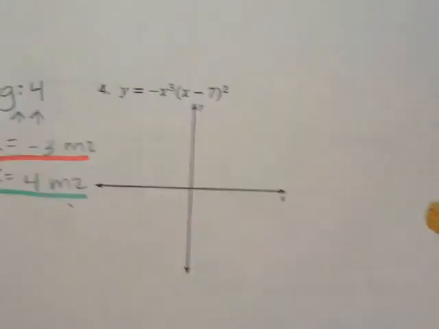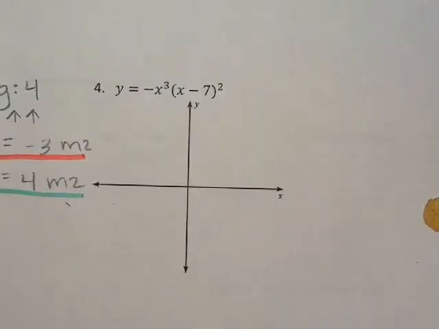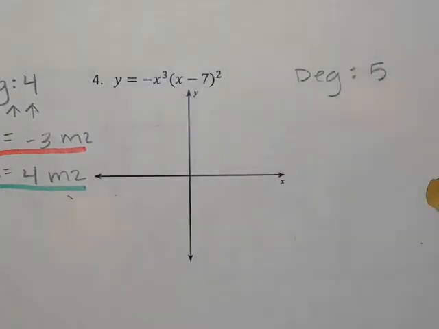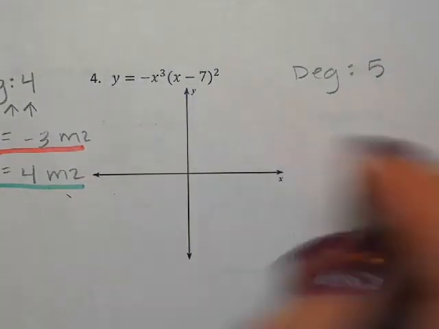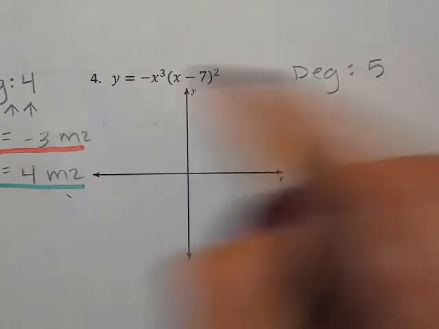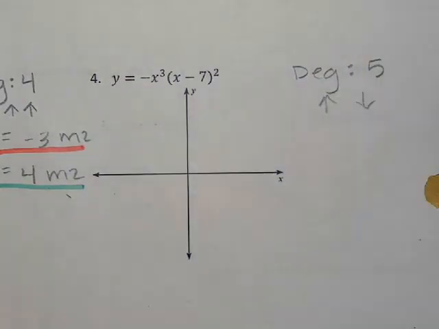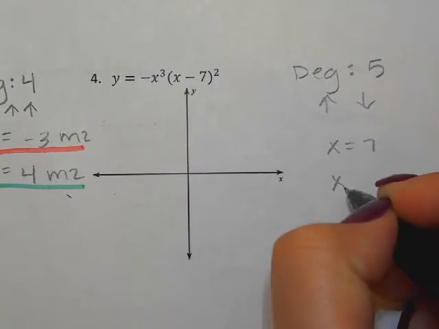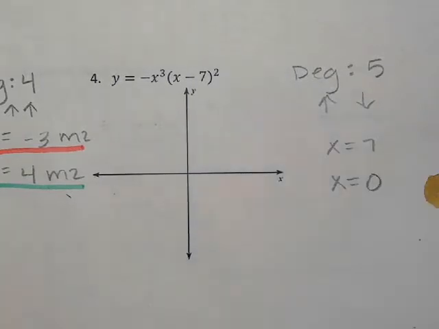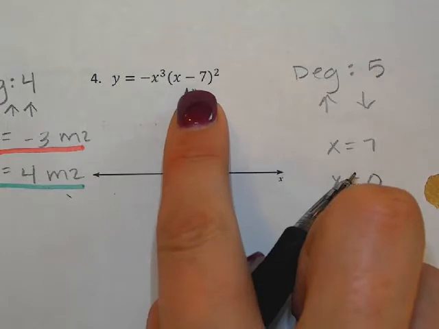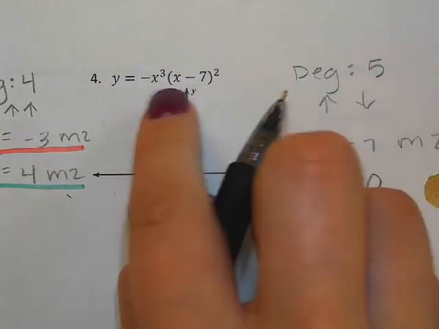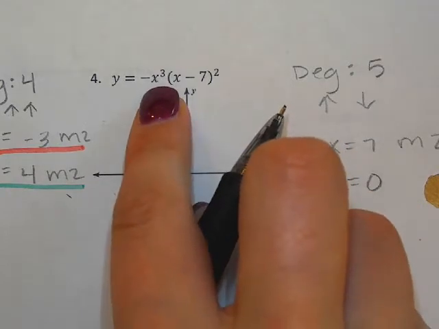Yeah, okay. What's the degree of this one? Degree is 5. All right. We have a negative coefficient, up and then down. What are the x-intercepts? 7 and 0. 7 has a multiplicity of 2. 0 has a multiplicity of 3.